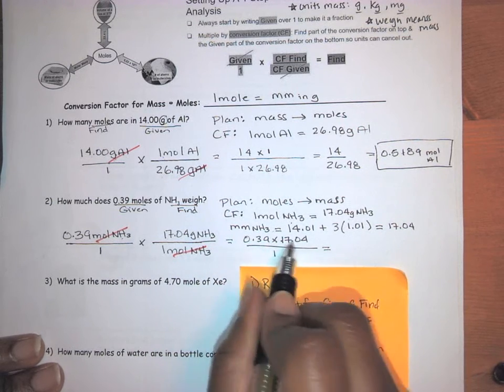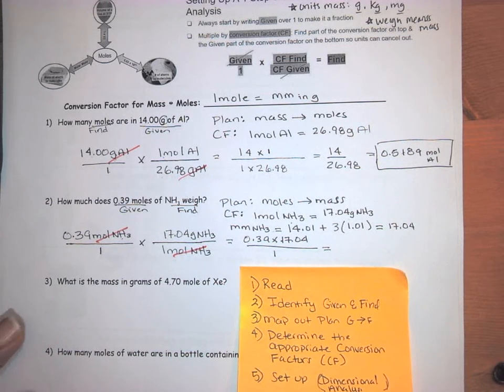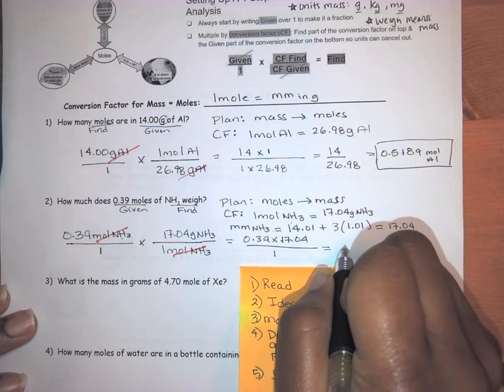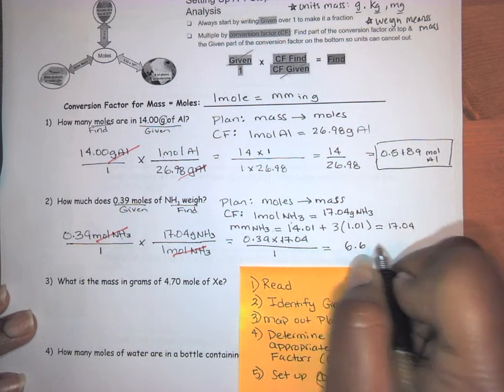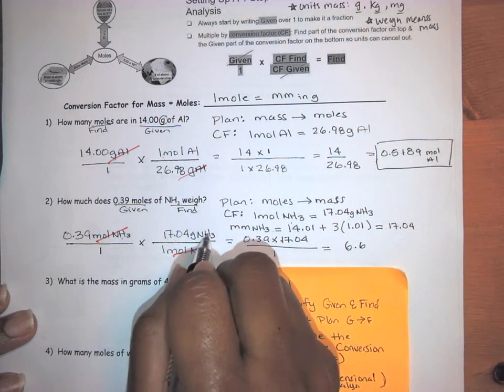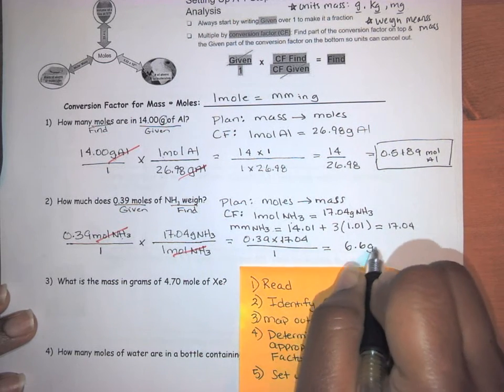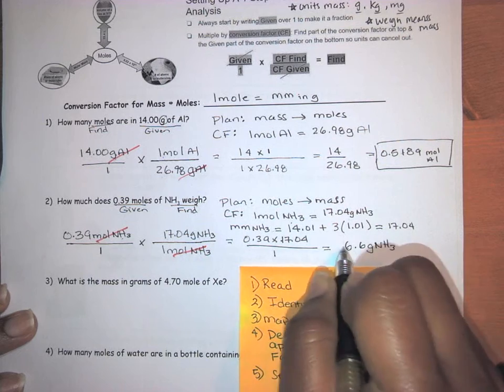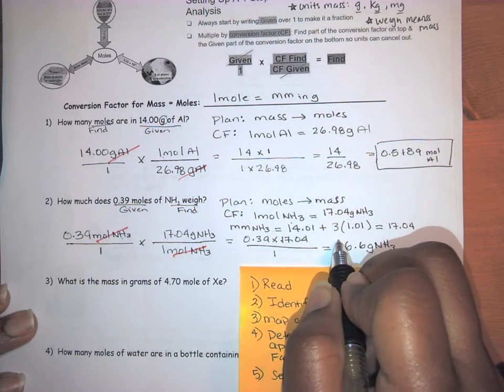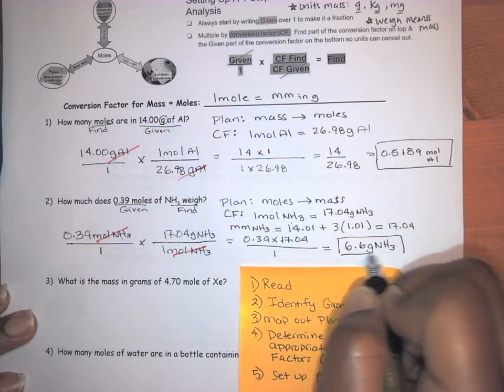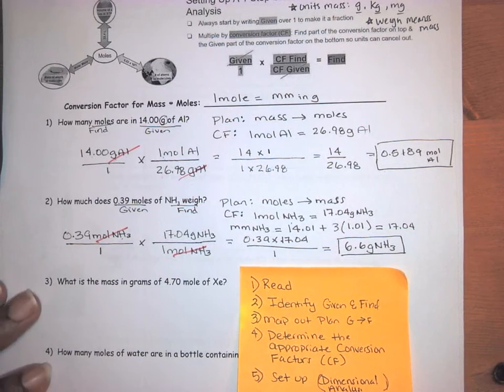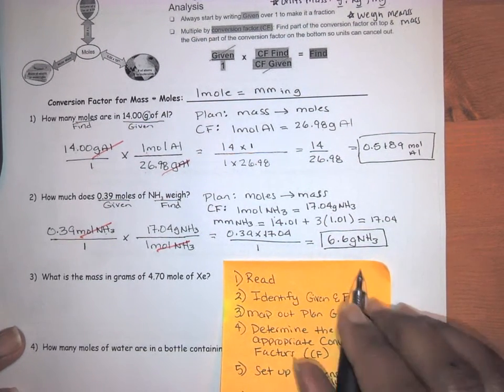So what I'm doing essentially for my math is just multiplying those two numbers. When I multiply those two numbers, I get 6.6. And then my units are going to be what's left here, my grams of NH3, which matches my find. I want to find mass, so grams of NH3, those units are appropriate. Okay, so that's the answer for that one.